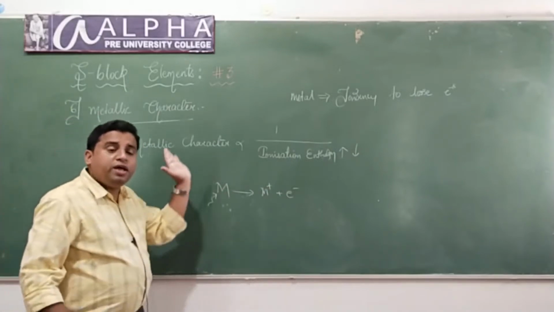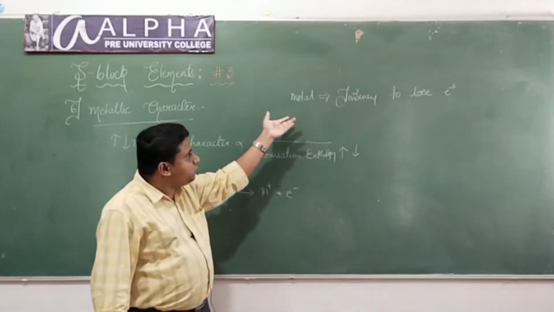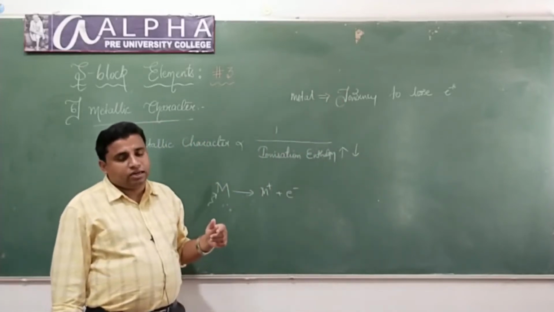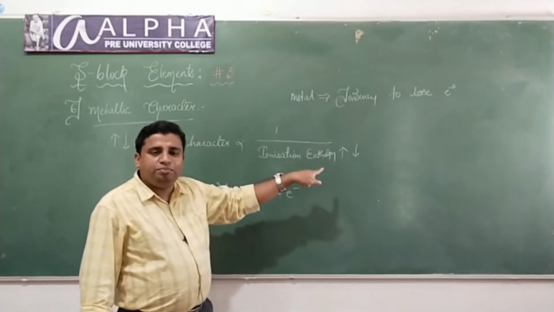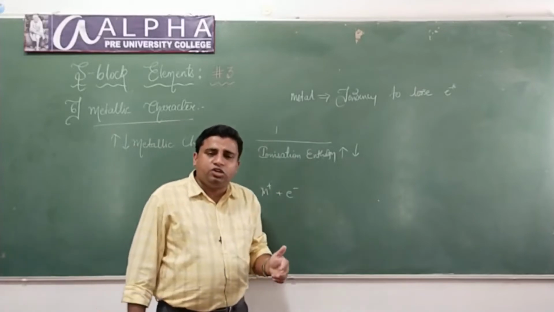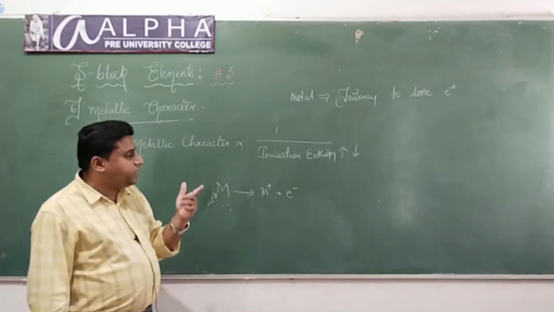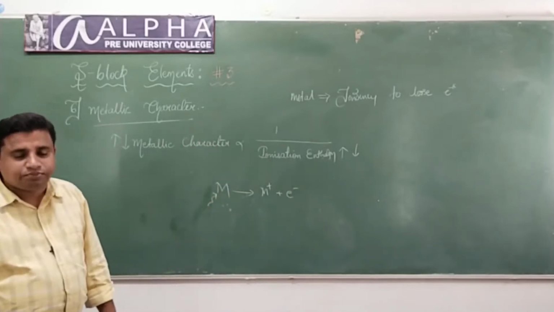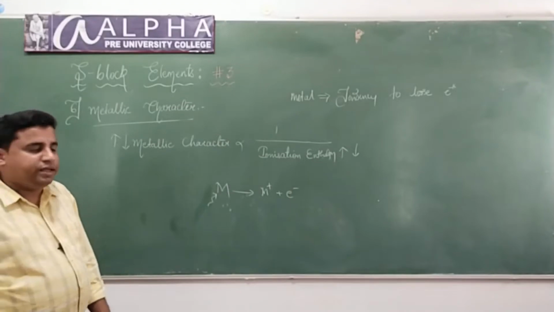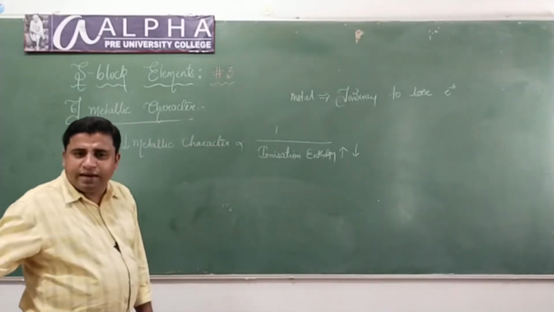If the tendency to lose the electron is more, ionization enthalpy will be less; if the tendency is less, ionization enthalpy will be more. Metallic character is inversely proportional to ionization enthalpy.